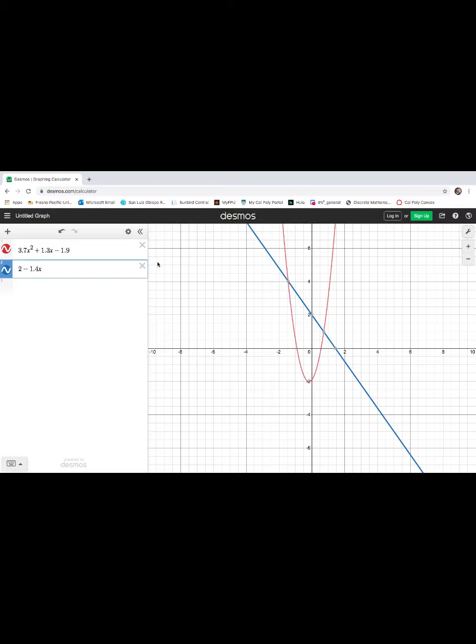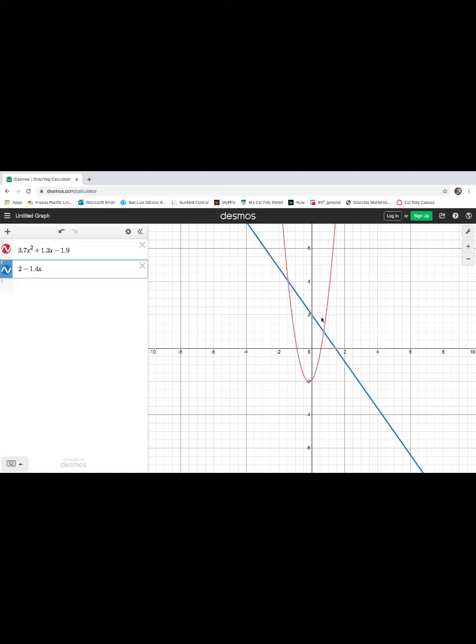Right, so we're going to look for the values of x for which y1 is less than or equal to y2. So we want our y1, which is the red. There you go. And so this value, the first, negative 1.454, that's the x value that corresponds to the y value where our y1 is less than or equal to y2.